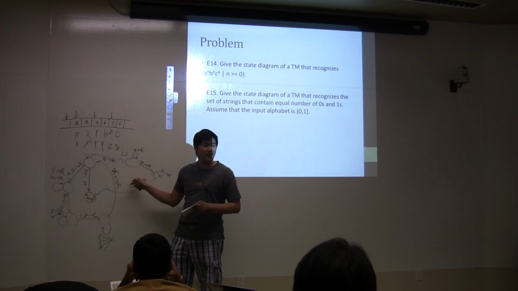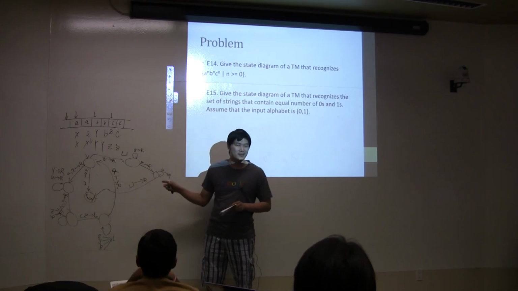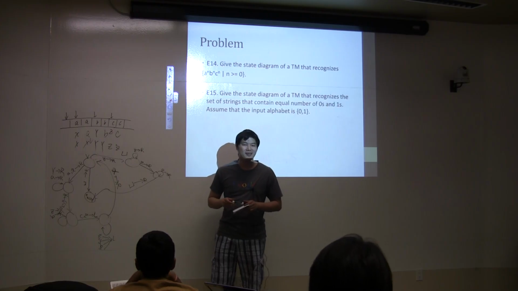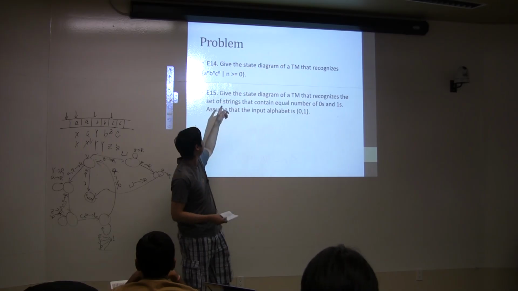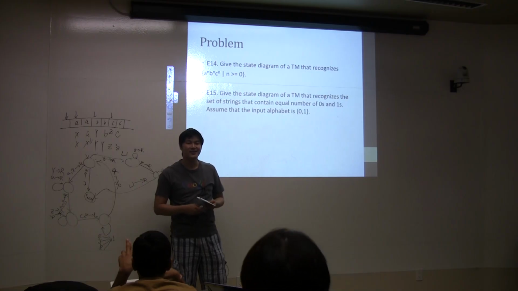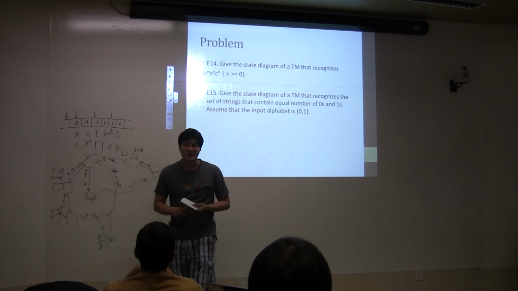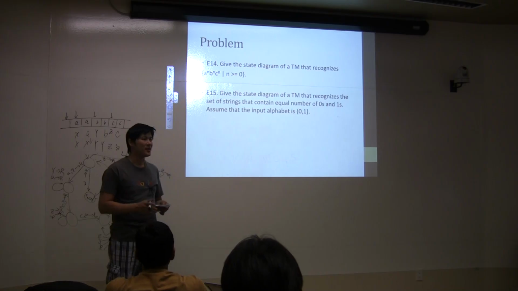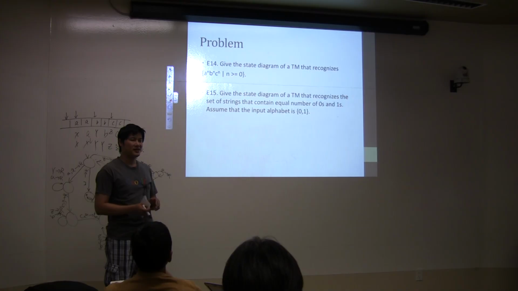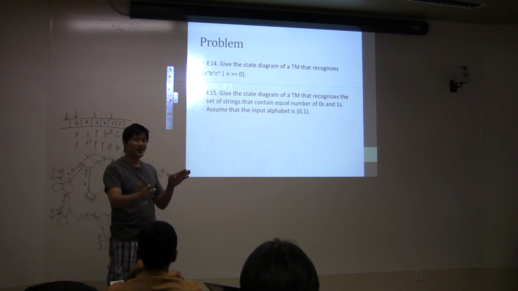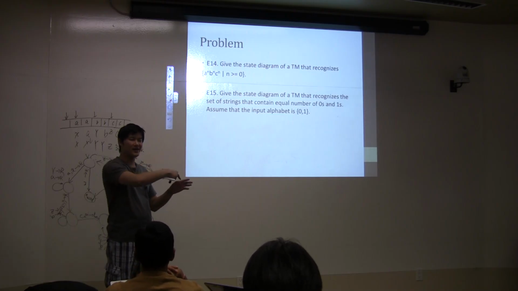But does everybody understand this? Yes? Basically, the algorithm is simple, right? The algorithm for the second one is very similar. You want to guarantee the same number of zeros and ones. What's the algorithm? If you see a 0, then you keep going right to find a 1, cross it out and go back.